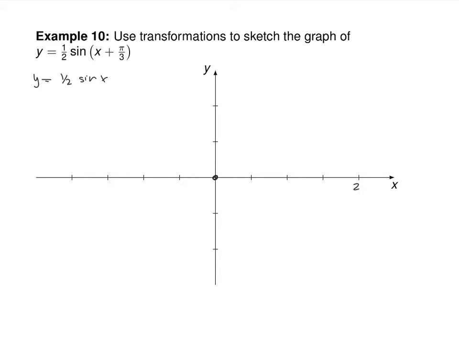And if this is 2 pi, and that's pi, here's pi halves, here's 3 pi halves. And since this has a 1/2 in front of it, what is the amplitude of this graph? 1/2. So if this is 1, we're not even going to get all the way up there. We're just going to get up to 1/2, back at 0, down to negative 1/2, back to 0.